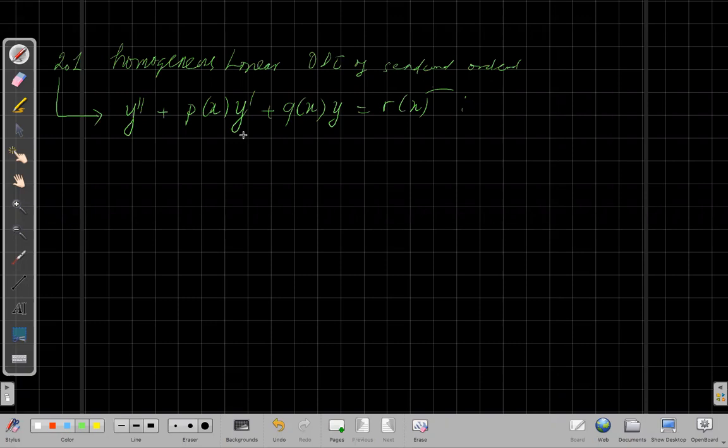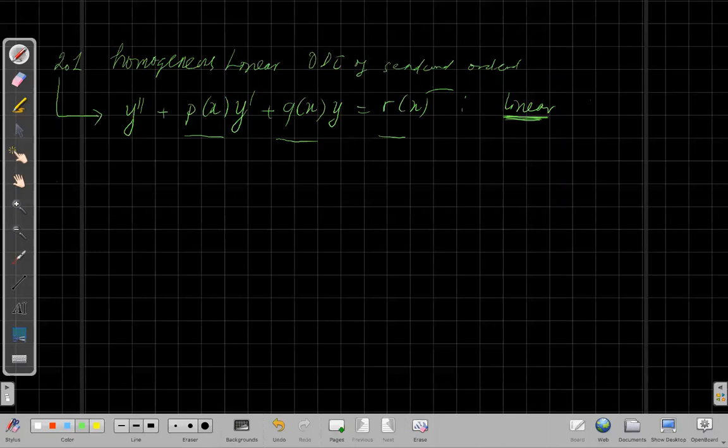We have the linear second order equation. If we can write this with p, q, and r, then we have the linear form of the second order equation.